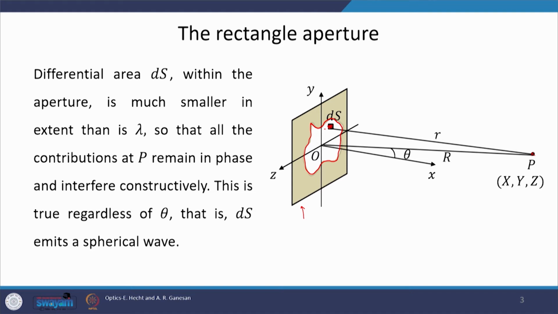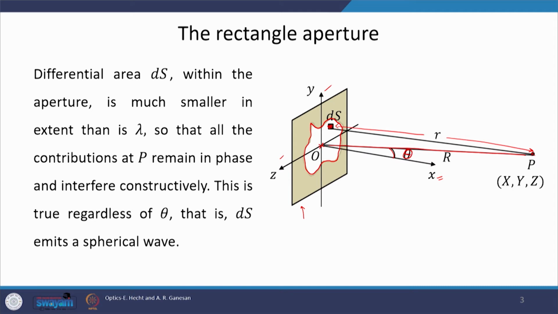And this area element is at a distance small r from the point of observation P. The origin is placed at the center of the aperture plane, and from the origin the point of observation is at a distance capital R, and the line which joins the origin to point P makes an angle theta with respect to the x axis. The directions of the y and z axes are given in the figure.